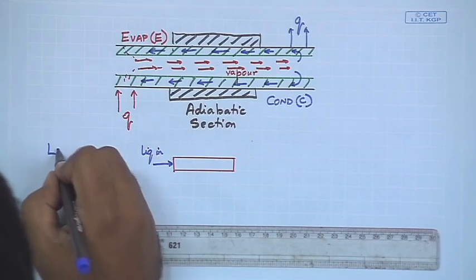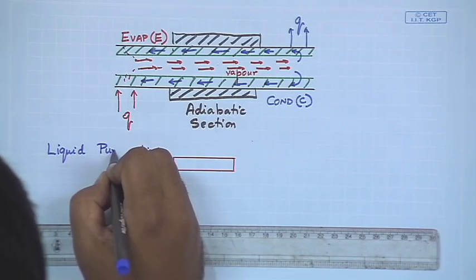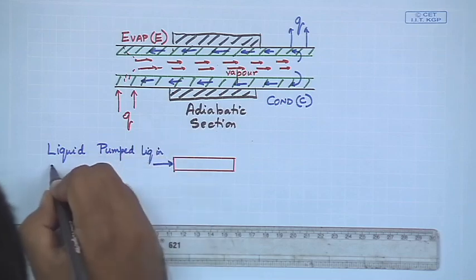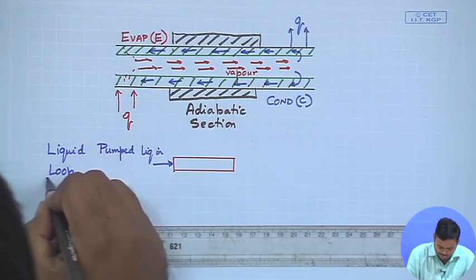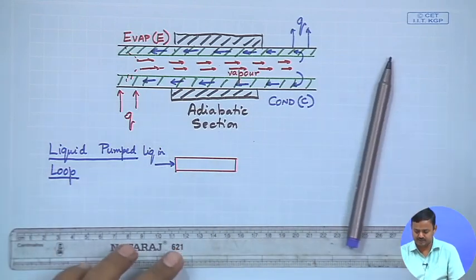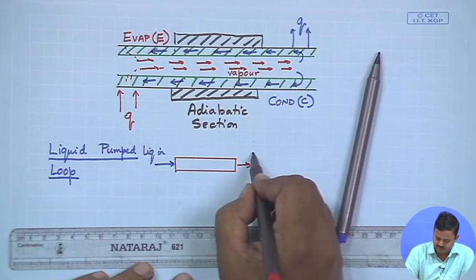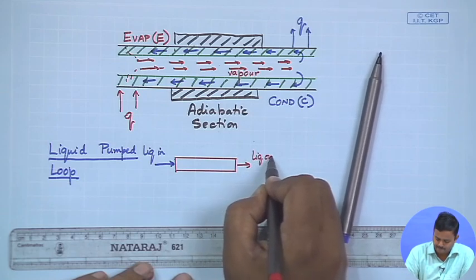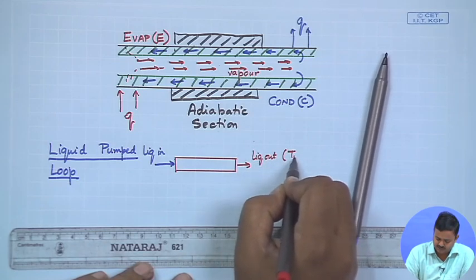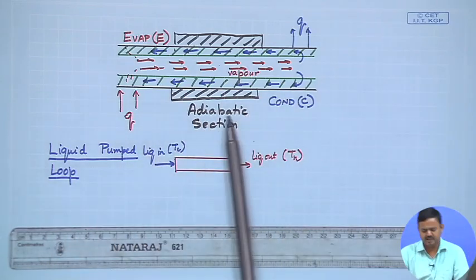Let us first give it a heading, liquid pumped loop. So, you have cold liquid that comes in, and hot liquid that goes out. This is TH, let us say, this is TC.